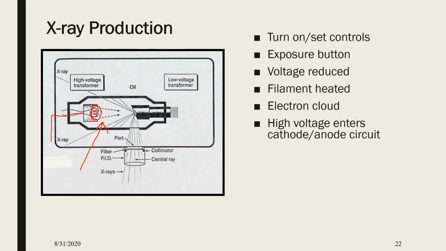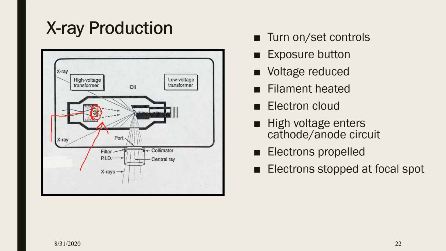This is where the step-up transformer will start working and supply high voltage electricity from 60 to 100 kilovolts, and it will give enough force to repel the electrons waiting on the focusing cup towards the anode.